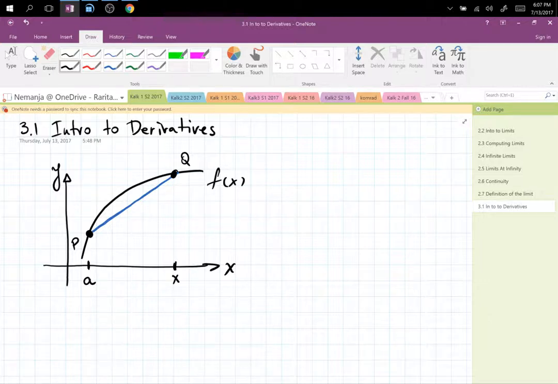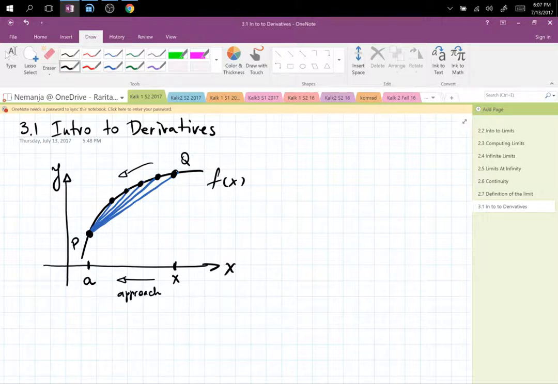And what's happening is the x is going to approach A. It's going to approach A, which means that this point Q is going to start moving in this fashion, which means that these secant lines are going to start changing, right, with the equation, because every time point Q moves for whatever amount, a different slope and a different y-intercept happen.